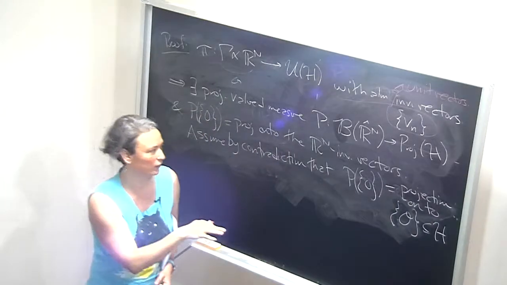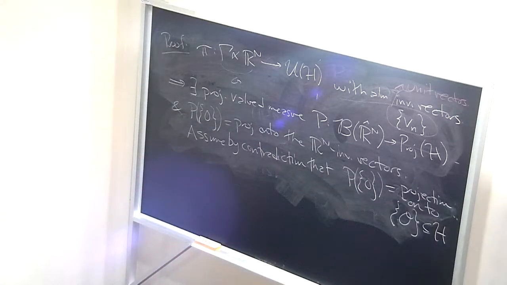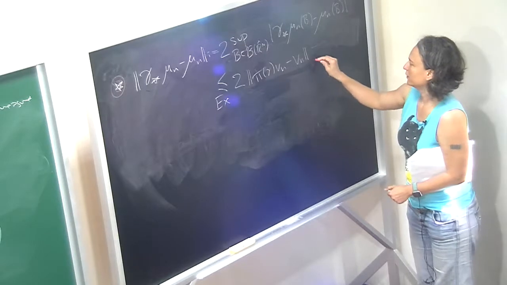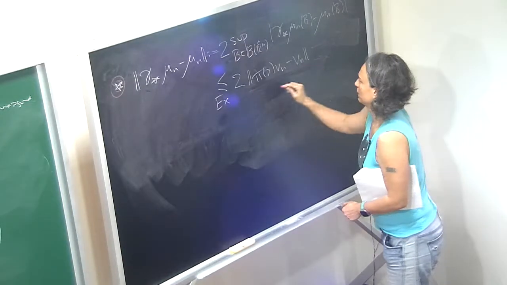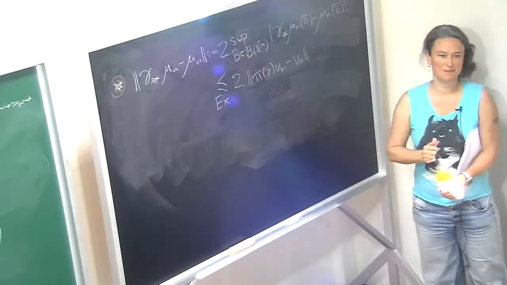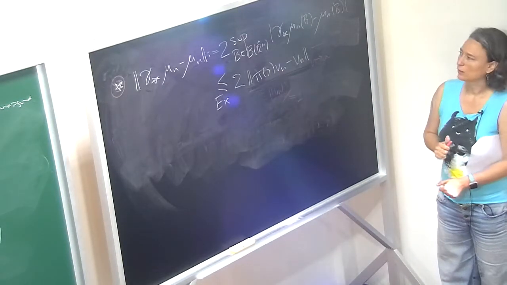Everything I've said is true, but I want these to be unit vectors, and now I want to say that this is going to 0 as n goes to infinity. This is equal to 1. Sorry about that.